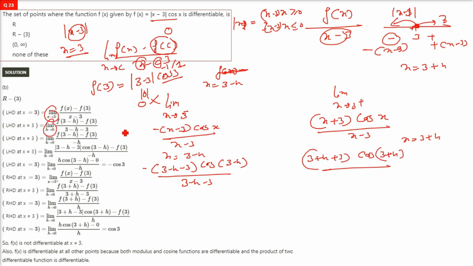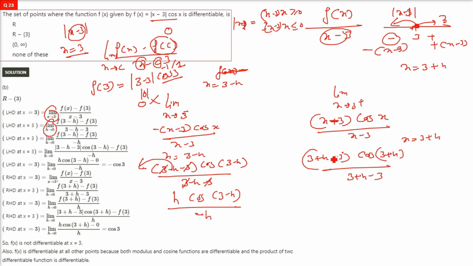Now this limit as h tends to 0, you have to write all the steps, okay? I'm just skipping it to make it faster. 3 plus h minus 3, so this gets cancelled, you have a negative h. There is already a negative outside, so it's going to be positive h, cos(3 minus h) divided by, the 3 gets cancelled, you have a negative h here. On the right, we have x minus 3.